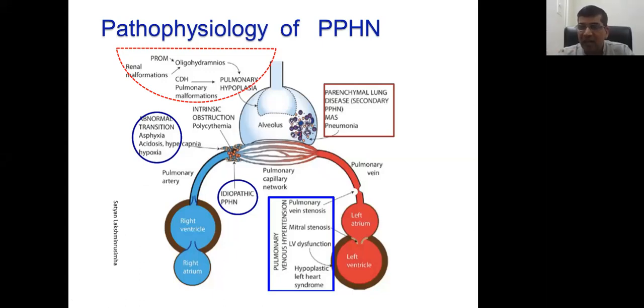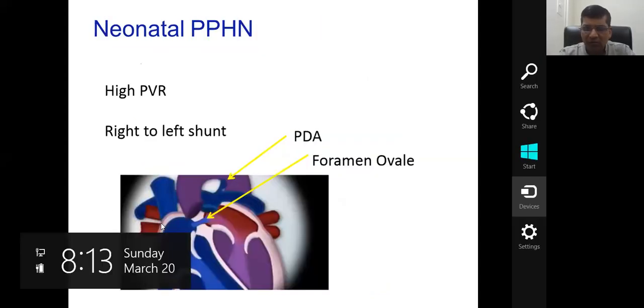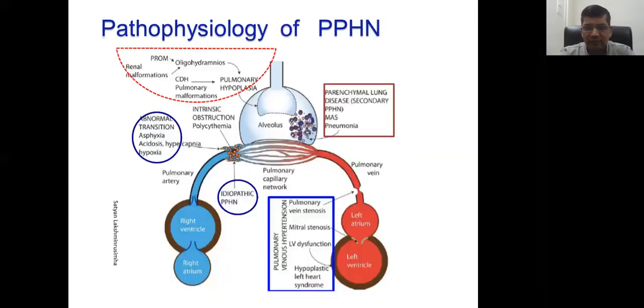Those are common in India, what we talk of in the form of asphyxia, acidosis, or hypoxic respiratory failure. At the same time, we have intrinsic blockage of the vessel leading to high pressure in the form of polycythemia. And all these lead to very high pulmonary artery pressure.